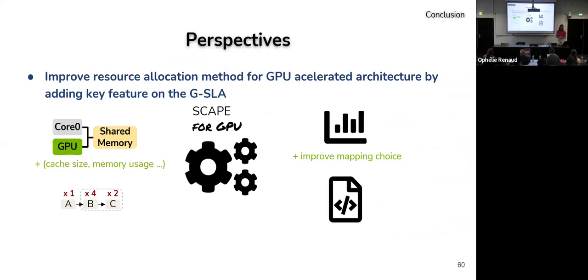And as future work, we could improve the resource allocation method for GPU accelerated architectures by adding a feature to the GSLA model. For example, we could integrate the cache size to improve the mapping choice.